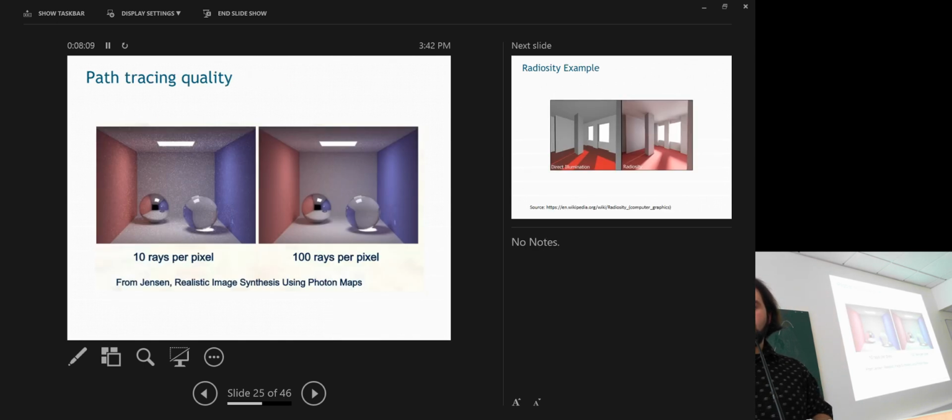Yeah, you can see here, if you just fire 10 rays per pixel, you have some noise because it's a probabilistic approach, and you just get random cases. But when you increase the number of rays shot, you interpolate between a larger number of rays shot towards this pixel.